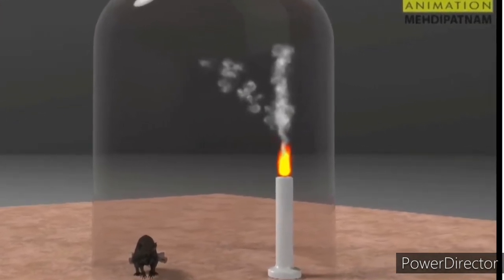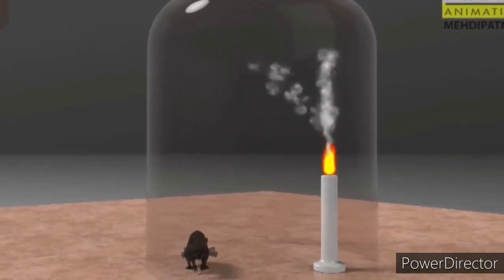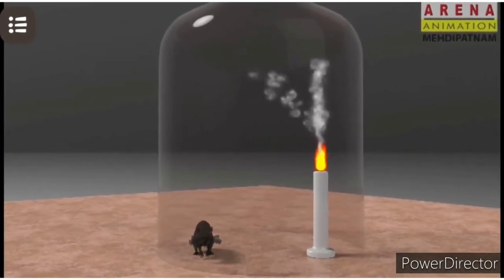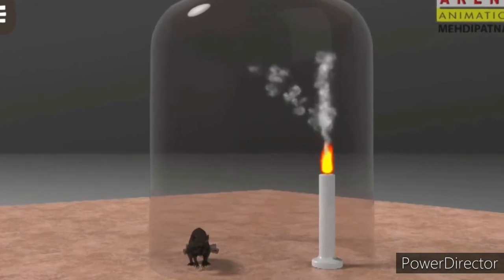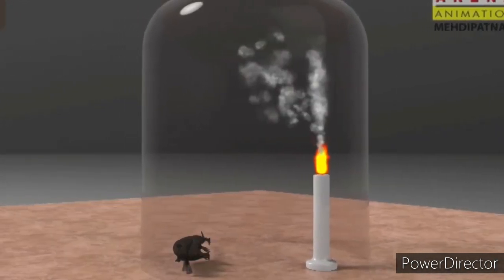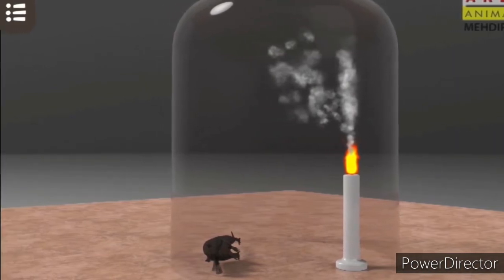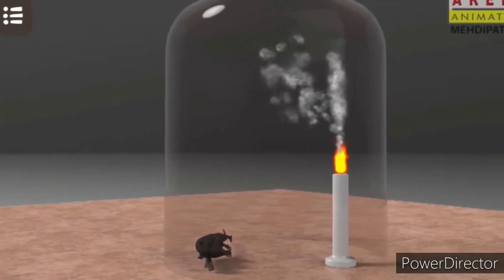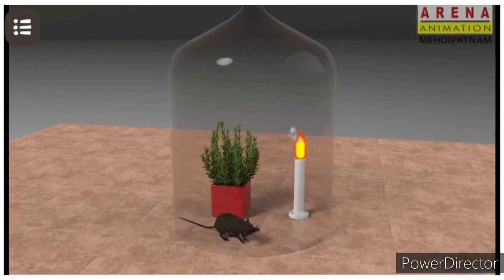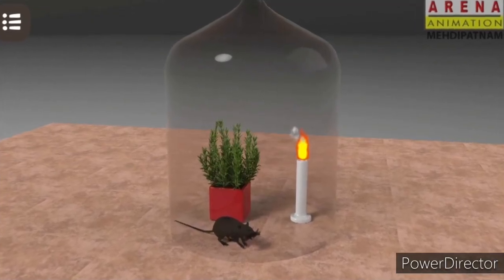He then conducted another experiment. He took one mouse, lighted the candle, and closed the burning candle and the mouse in the jar, and he observed. The mouse soon got suffocated, and after some time the candle also put off.